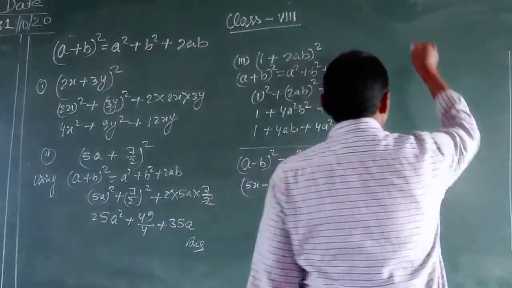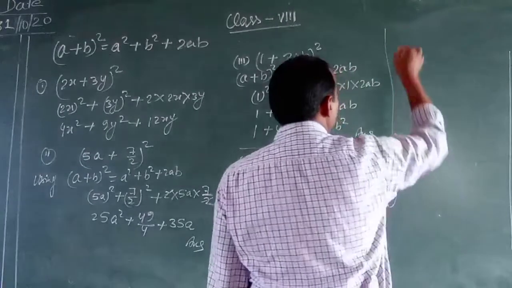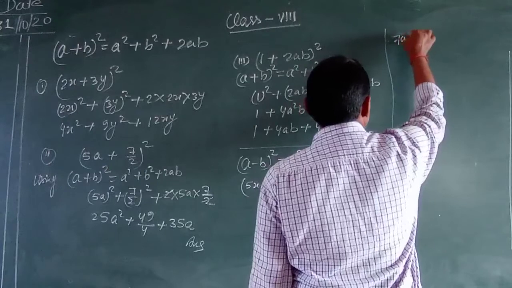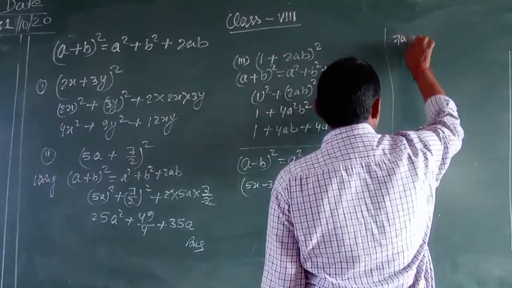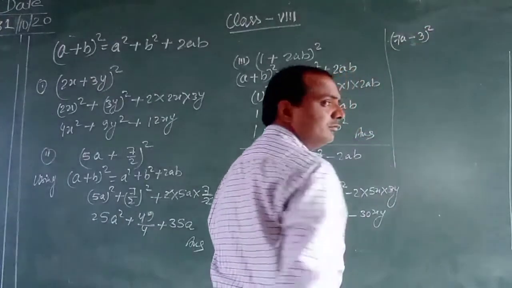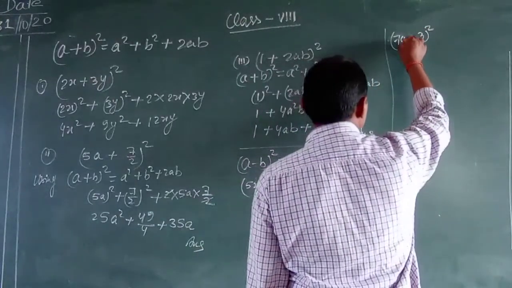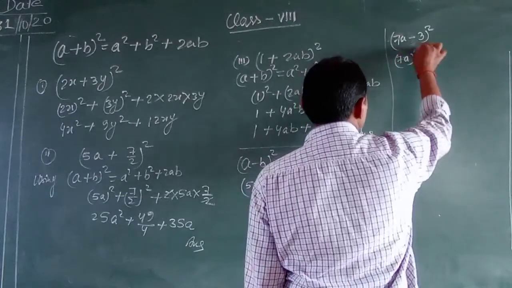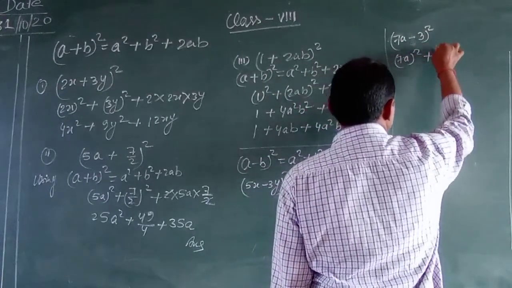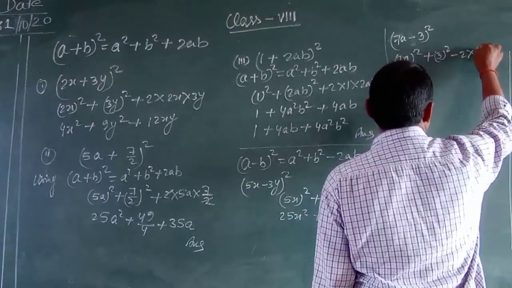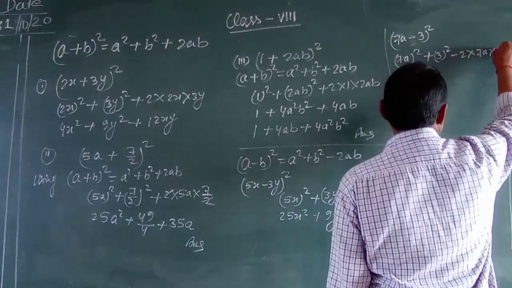Now if the question is as (7a minus 3) whole square. Here again we can write first term square plus second term square minus 2 into first term into second.